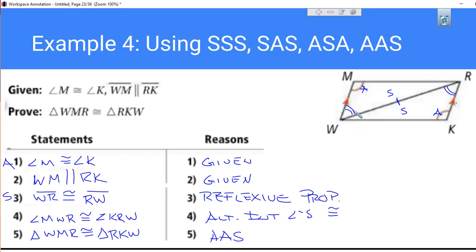That helps identify these two angles. And our reason is alternate interior angles are congruent. So now that gives us our second angle. Notice that the side length is not in between our two angles. It is the non-included side, which means triangle WMR is congruent to triangle RKW by angle, angle, side.